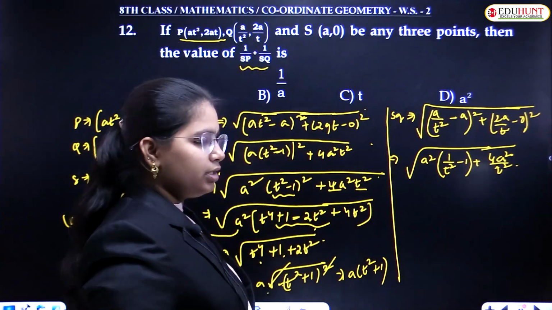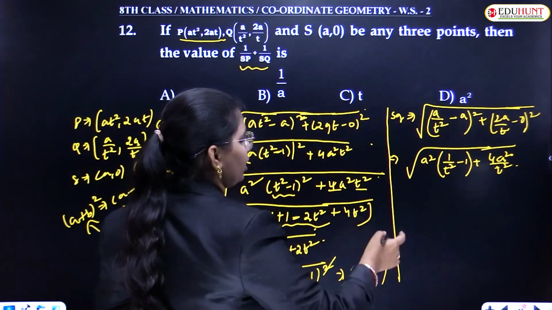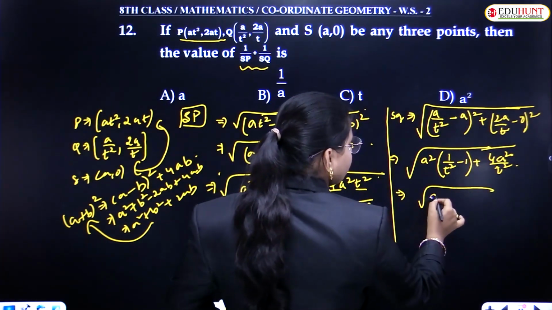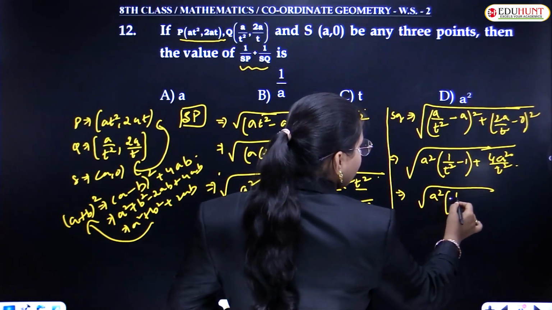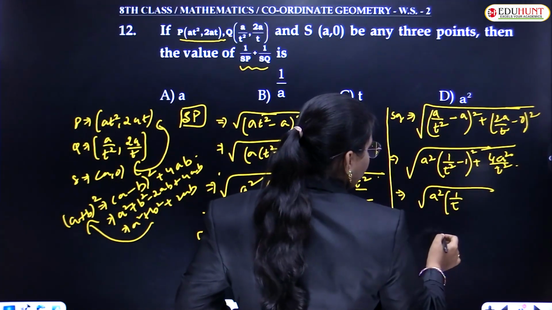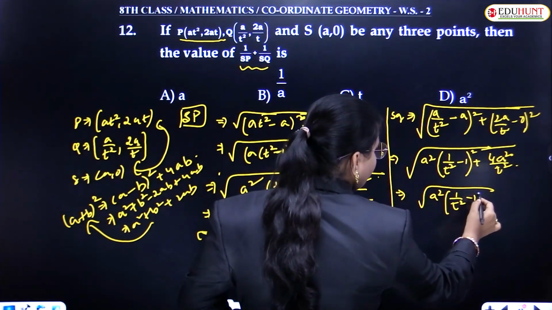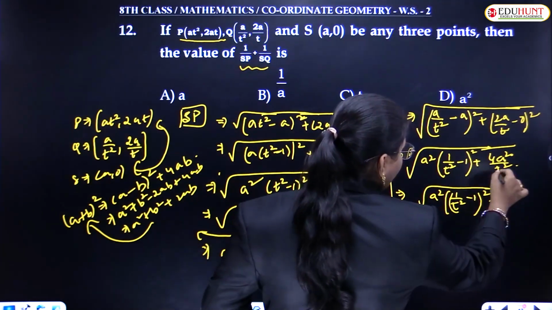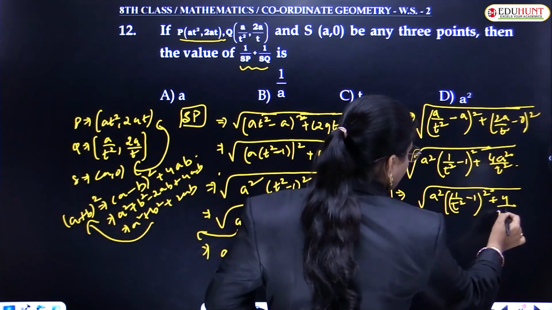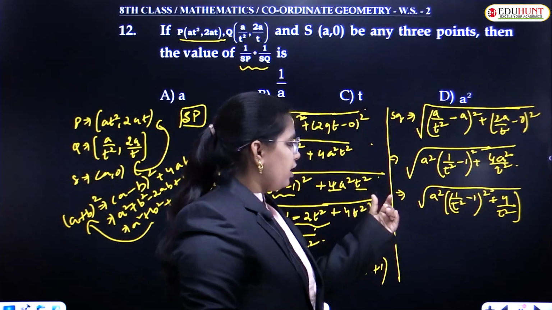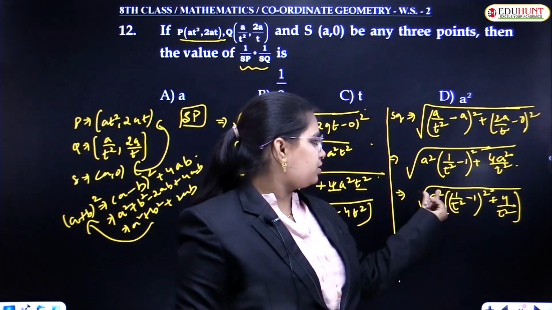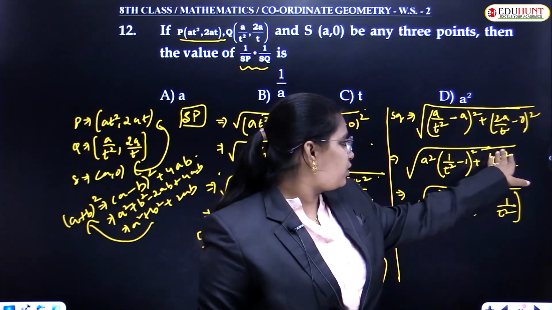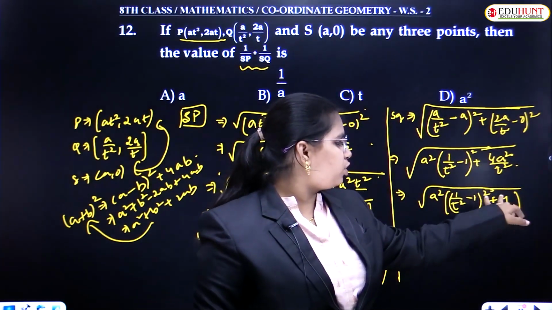Now take a square as common: 1 by t square minus 1 whole square, and this will become 4 by t square. From both, a square is taken out, leaving (1 by t square minus 1) whole square plus 4 by t square.